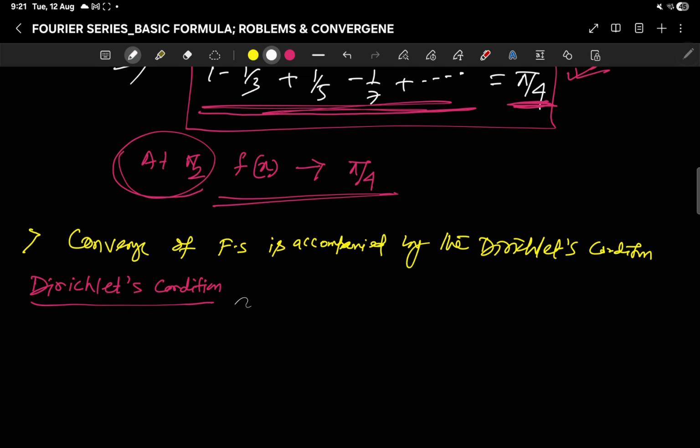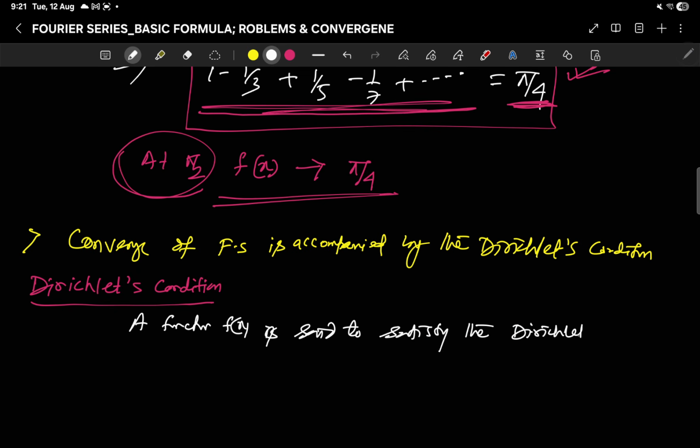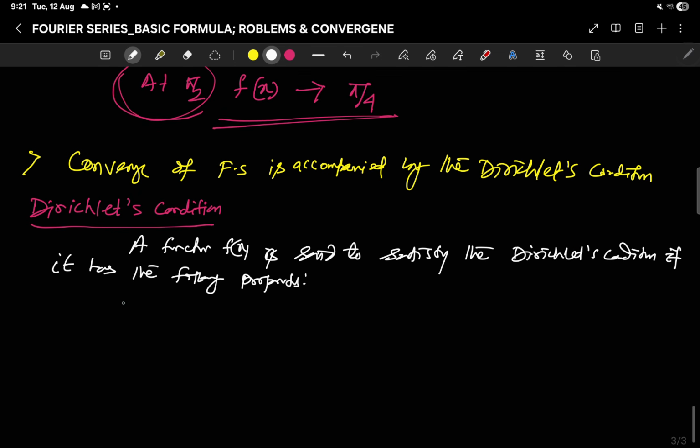A function f(x) is said to satisfy Dirichlet's conditions if it has the following properties. 1.